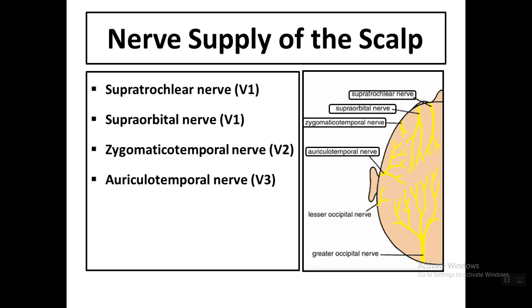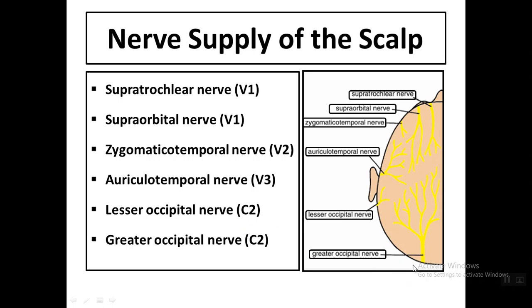So this region of the scalp is supplied by branches of the trigeminal nerve, from V1, V2 and V3. More posterior, just behind the auricle and above it, we have the lesser occipital nerve, a branch from the second cervical nerve.